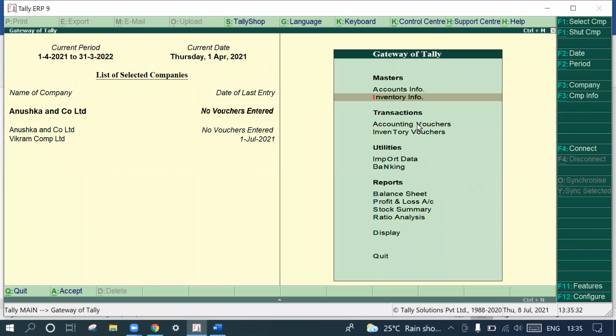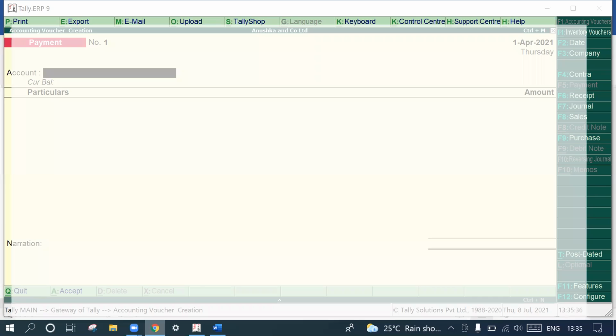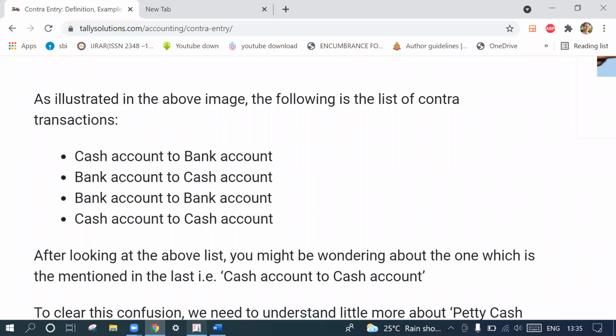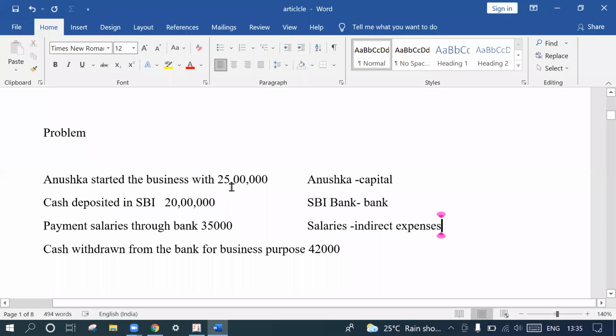Now we are going to see the accounting vouchers. See, the first one: Anushka started the business with rupees 25 lakhs, Anushka capital account. So we have to enter the amount now in the vouchering.